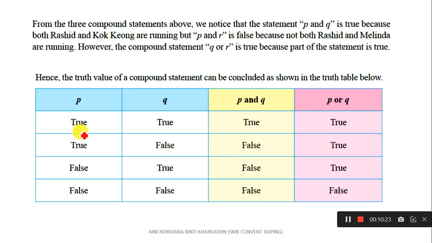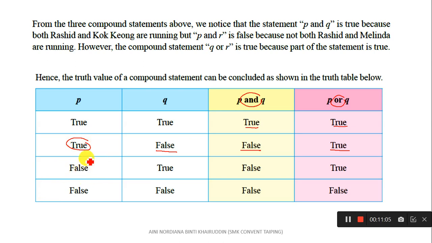If the first statement is true and the second statement is true, then when you use the word "and" or the word "or", it becomes a true statement. When the first statement is true but the second statement is false, when you use the word "and", it becomes a false statement. But when you use "or", it becomes a true statement because one of them is true.